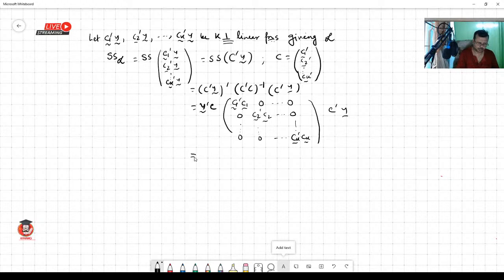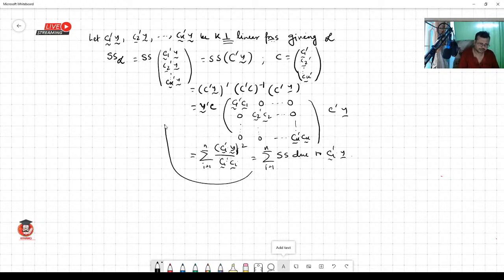So this is equal to the sum over i from 1 to K of Ci curl prime y curl, squared, by Ci curl prime Ci curl. So this is nothing but the sum of SS due to Ci curl prime y curl.